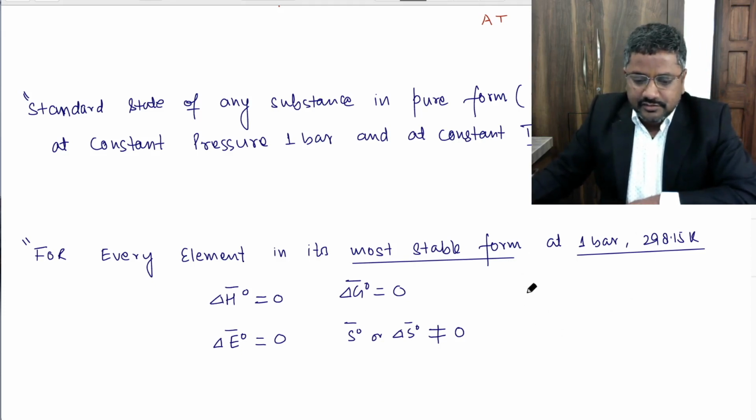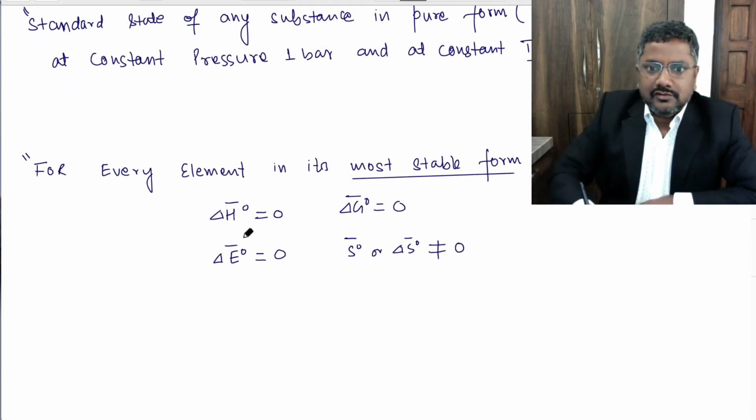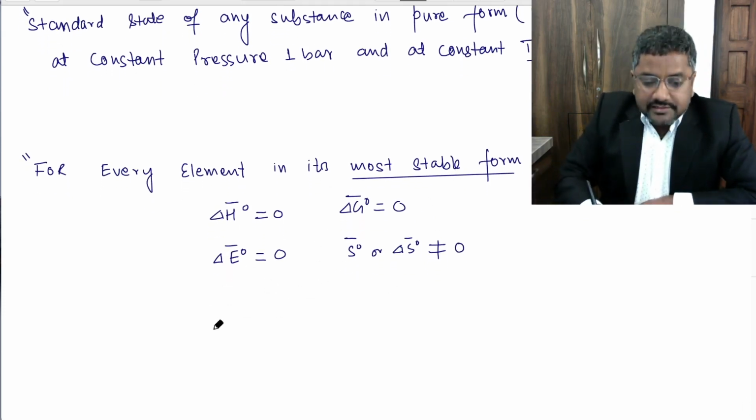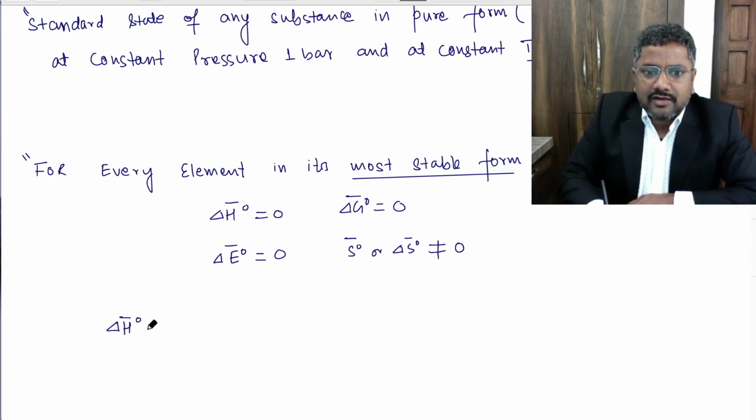Okay. So for example, suppose we are talking about hydrogen. What is the most stable form of hydrogen? The most stable form of hydrogen is hydrogen gas. So for this, delta H naught is equal to 0.